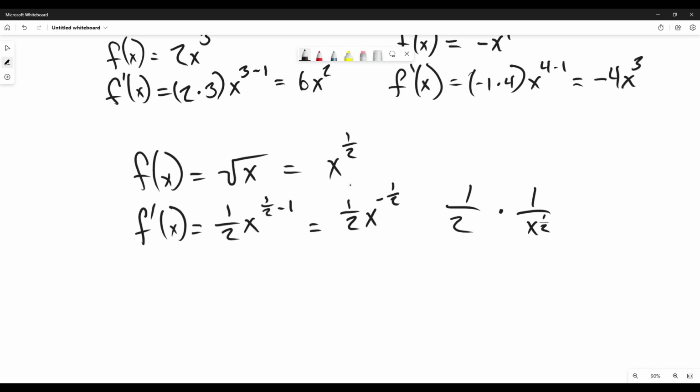And as we determined up here, x to the 1/2 power is the same thing as the square root of x. So this is also 1 over the square root of x. So if we're multiplying these two, that's going to equal 1 over 2 times the square root of x. So here, it's just 1 over 2 square roots of x. And that will usually be how you solve that kind of problem.